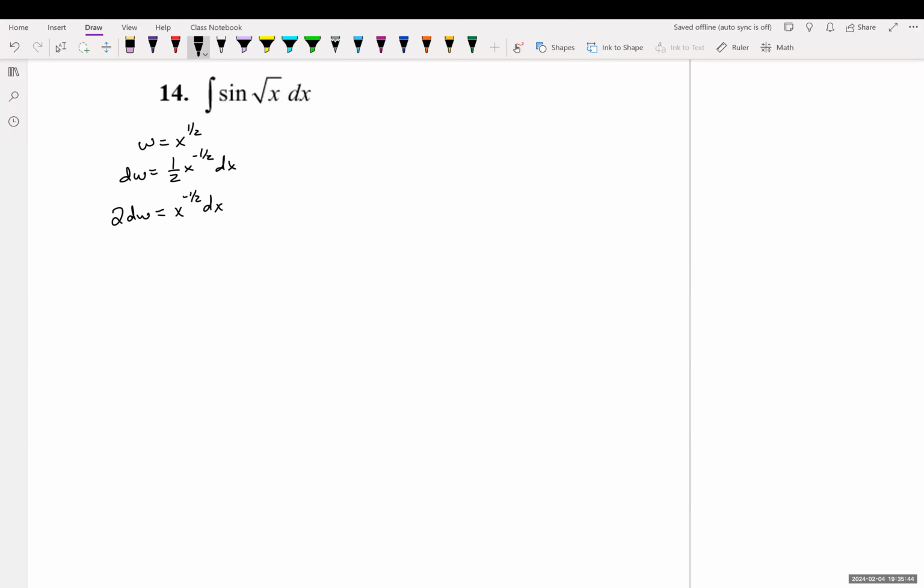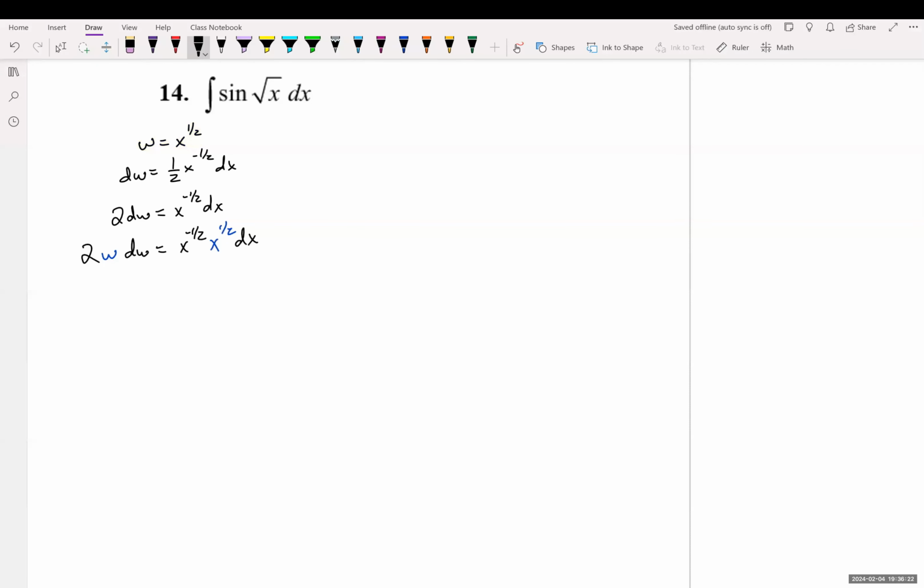But if you notice, we can use this again. We can multiply this side by w and this side by x to the 1/2. In other words, we can do this. 2 times that w dw is equal to x to the negative 1/2 times x to the 1/2 dx.